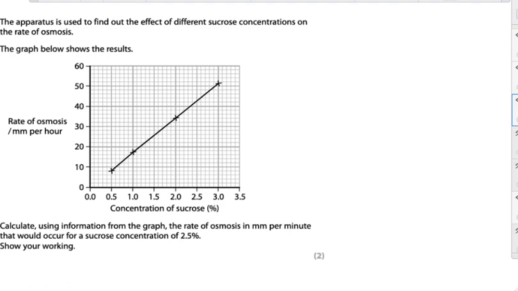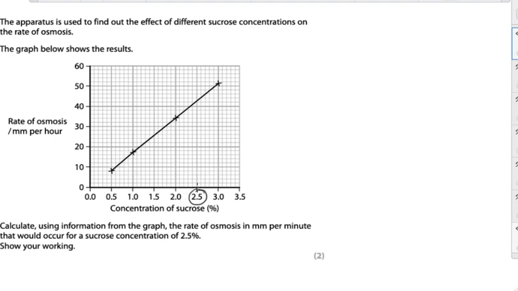Oh, that's annoying. Let us... here's our 2.5% here.